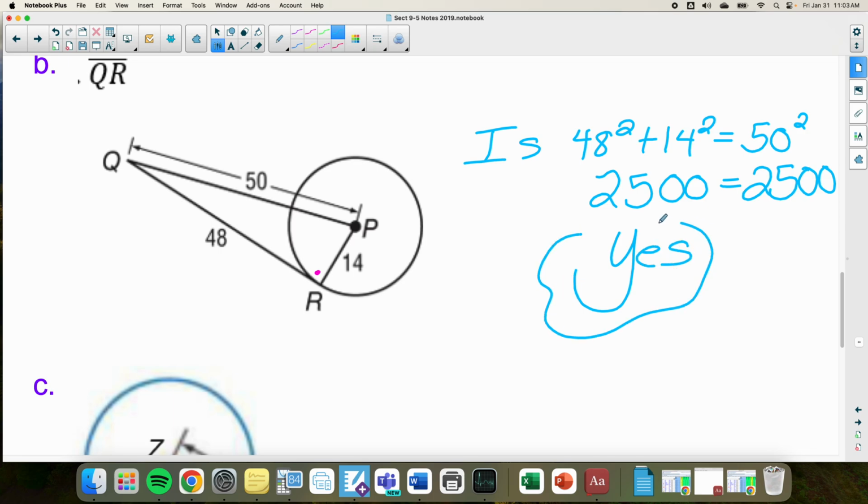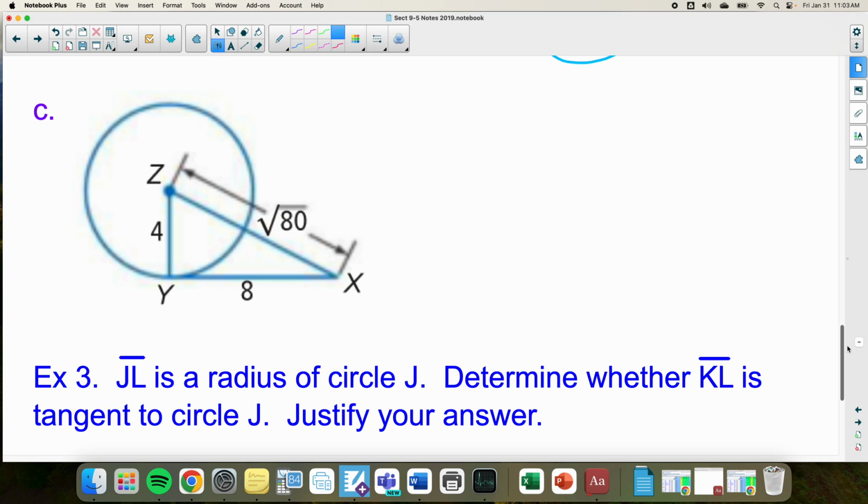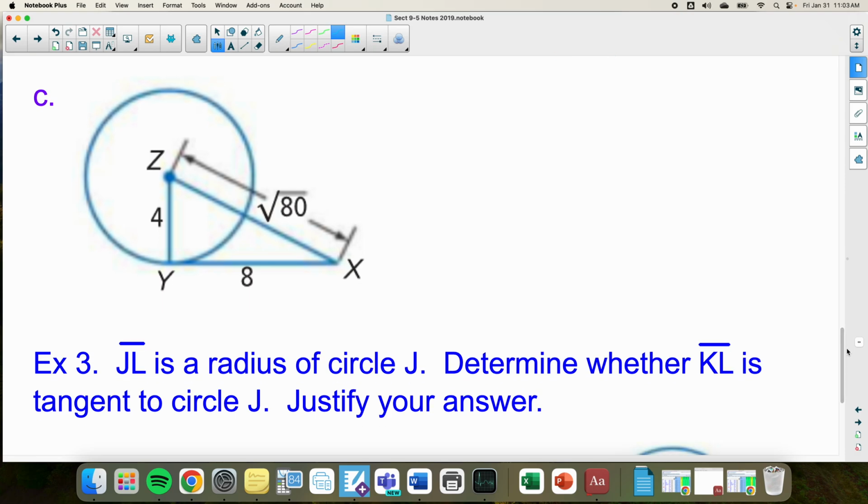And it says justify your answer. This is the justifying, and then you can just say yes or no. Now here, which part would be my right angle again? What angle? Y. Okay, so if there is one, that's where it would be.